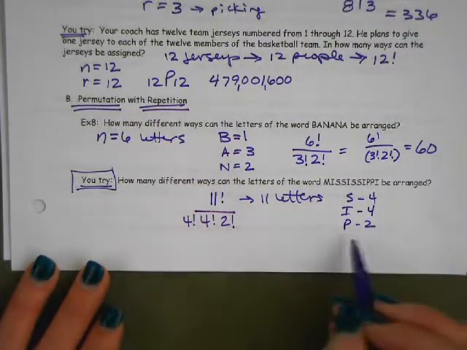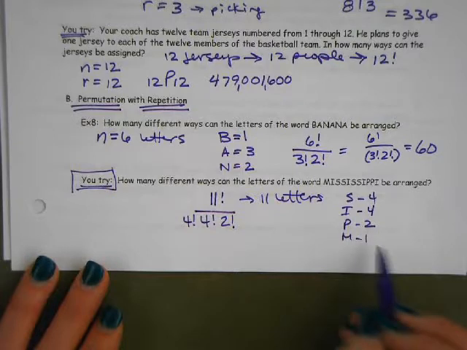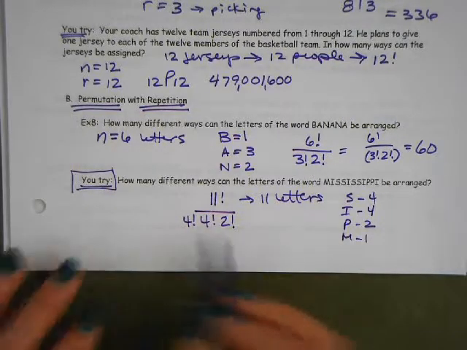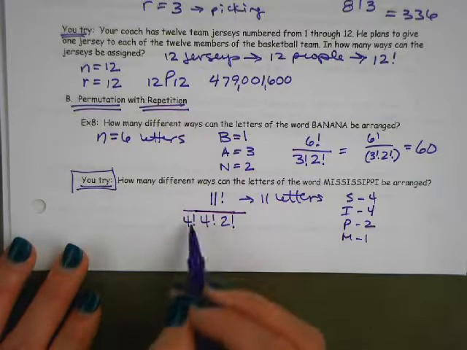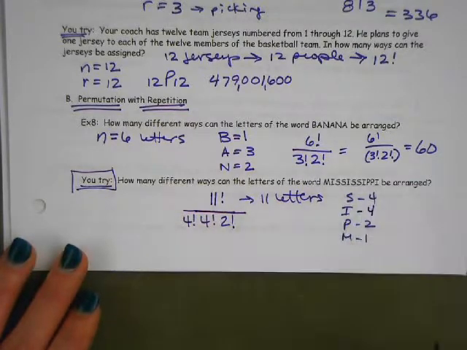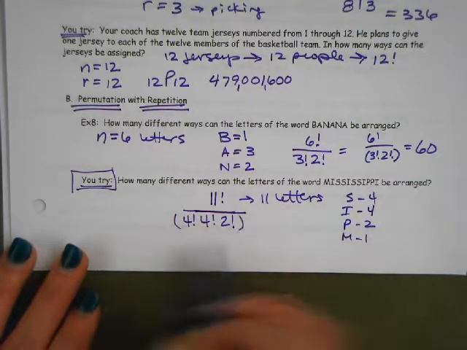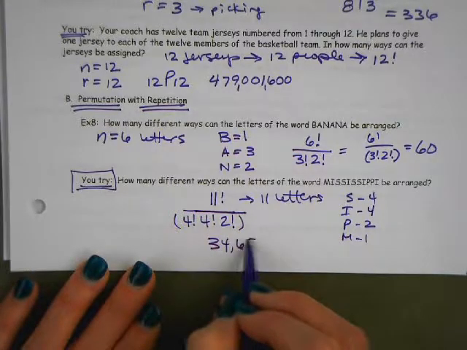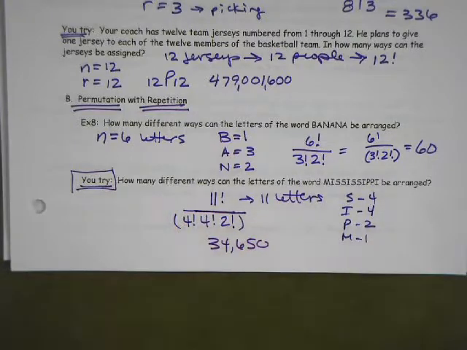You could put it over the M as 1 factorial, but then 1 factorial is just 1, so you could do that if you want. But this just takes out the repetition of all those different letters. And then when you put that into your calculator, you should get 34,650 ways that you can arrange those letters. Yeah, you can arrange the letters and still have it say the same word, but you wouldn't know because it's the same letter.